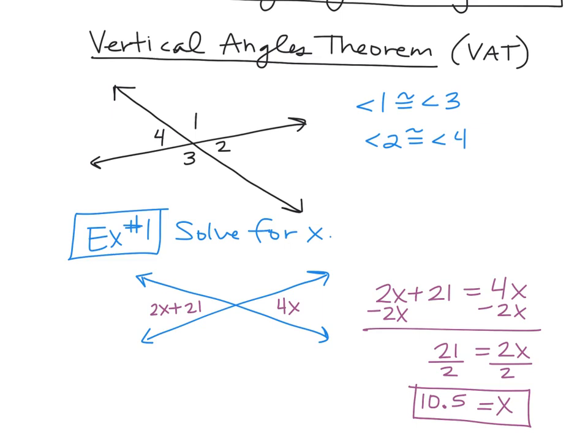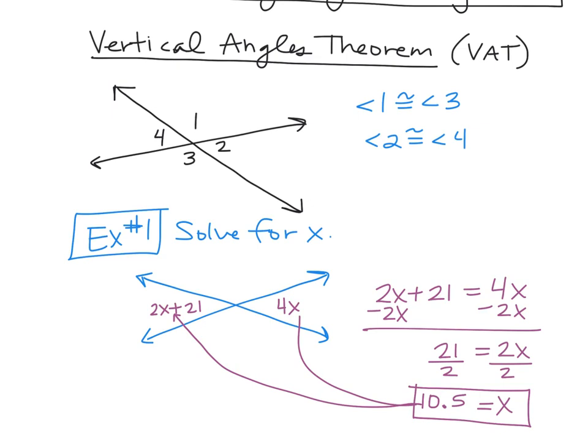But you're just solving for x. Now, if I asked you to tell me the measure of each angle, then you could plug it in and solve for the measure of each angle. For this one, it just said solve for x, so we're not going to plug it in, but you could always check your answer by plugging it in because they should be equal, right? Questions on that? Okay, that is vertical angles.